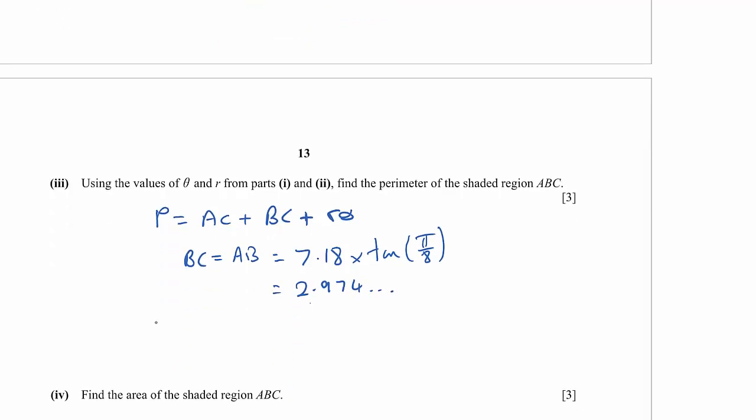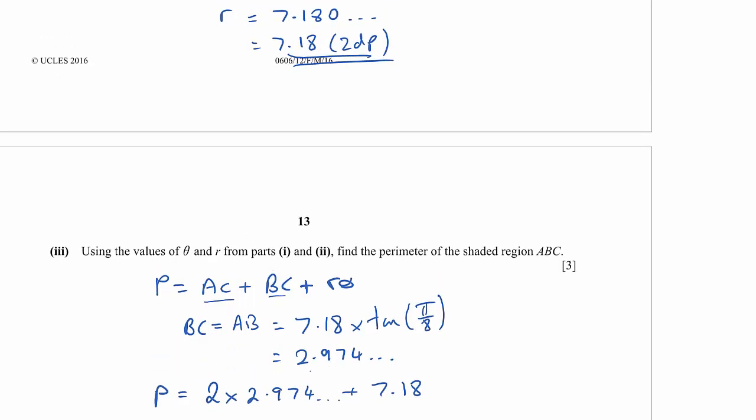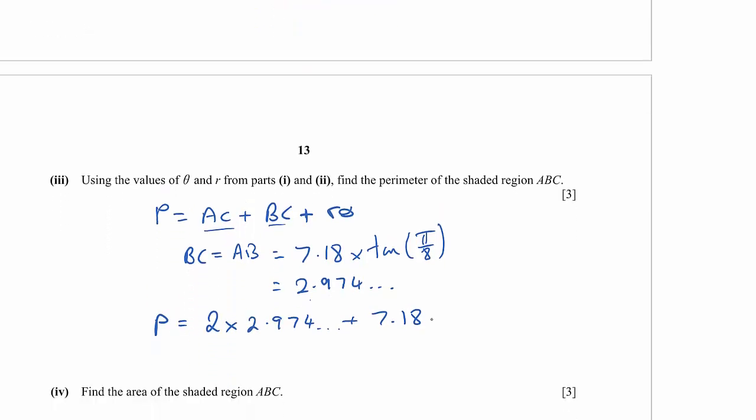And so P is going to be 2 of those for AC and BC, add 7.18 times theta, which was pi by 4.